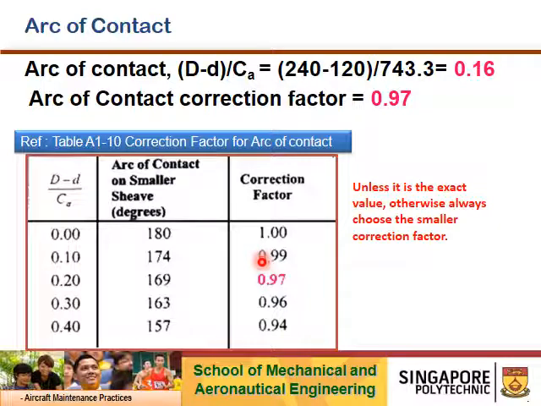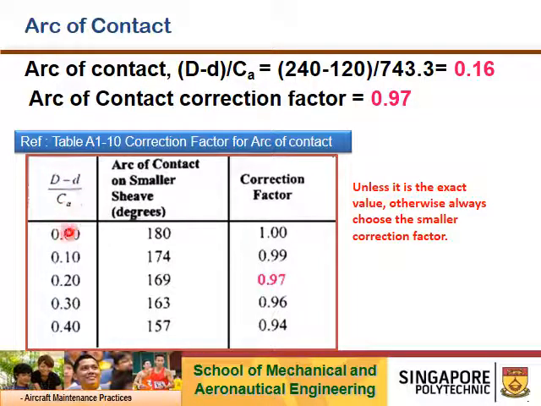Even if it's 0.11, for example, after you calculated, we will advise you to use the correction factor of 0.97. Always use the lower or smaller correction factor. The reason is this will give you a better, safer side of calculation, which we will explain further.